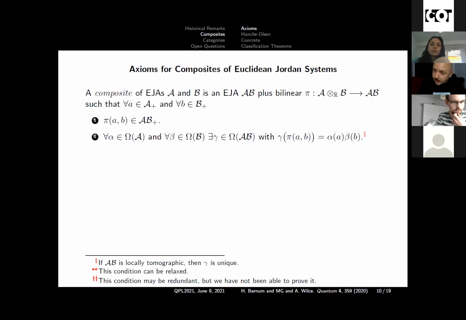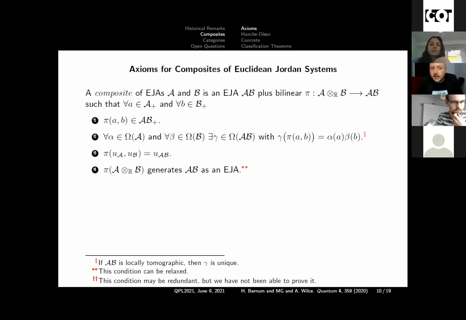And no signaling. By omega I mean the state spaces. If you've got a pair of local states, then they should evaluate independently in product effects. So we impose this non-signaling axiom. This one is just for normalization, so you want the tensor product of the units to be the unit. This one might not seem so obvious.